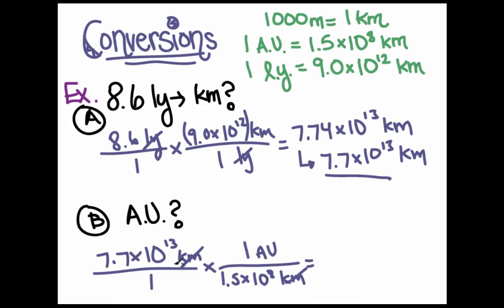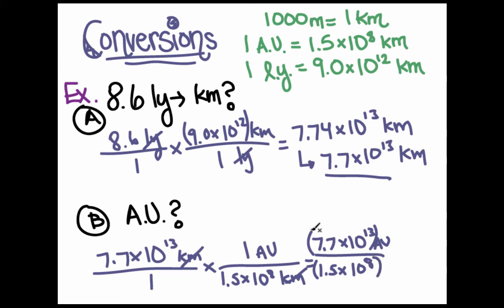Then what you would do is you would plug this into your calculator. So this is 7.7 times 10 to the power of 13 times 1, which is still 7.7 times 10 to the power of 13. Then you multiply your denominators. 1 times 1.5 times 10 to the power of 8. So that's still 1.5 times 10 to the power of 8. Then make sure you use your brackets because you're going to have to divide these two values.